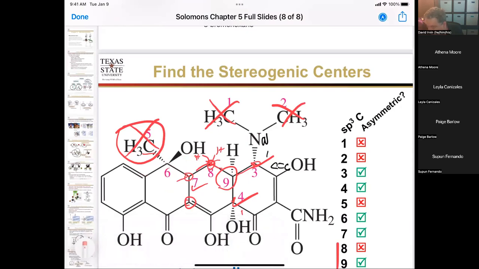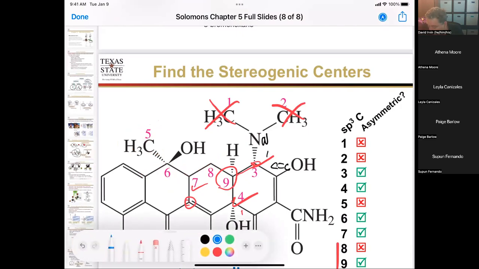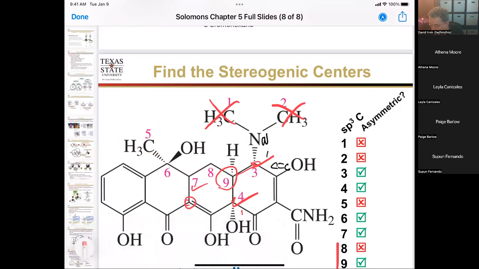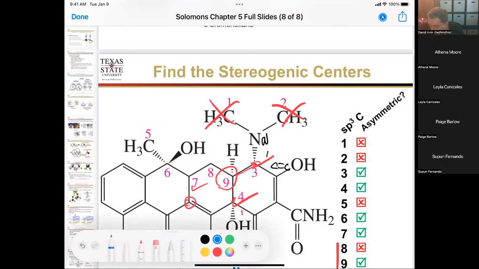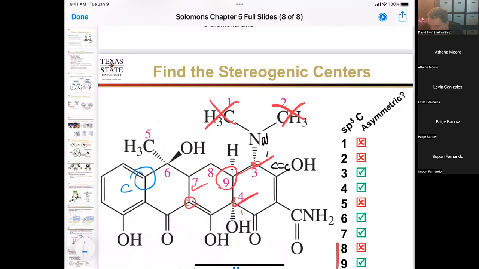Erase carbon 6. Okay, so if we look at carbon 6 here, we have a C double bond C bonded to a C. We have this, which is a C, C, C, and bonded to an H. We have an O, and then we have a C with 3 H's.